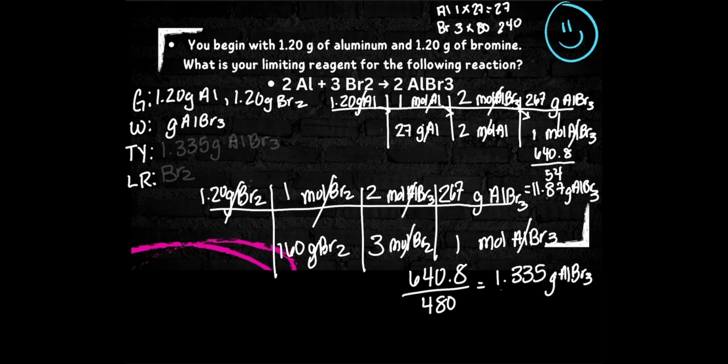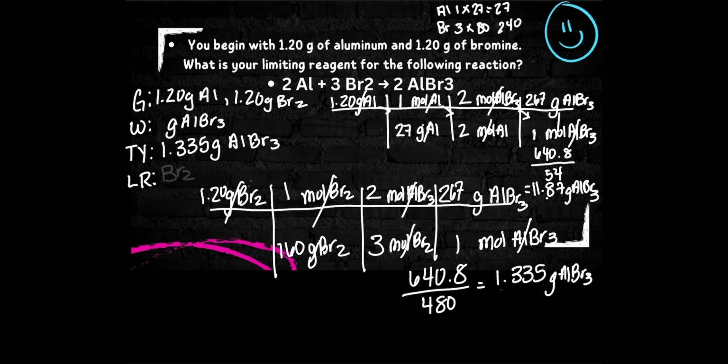The value for the first one is 11.87, and for the second one we have 1.335 grams of AlBr3. Out of the two, 1.335 grams is our smallest number, so that is going to be our theoretical yield.